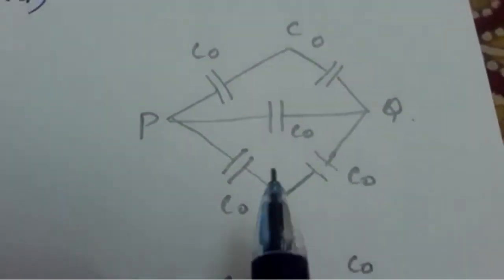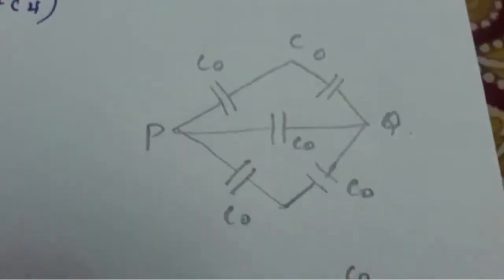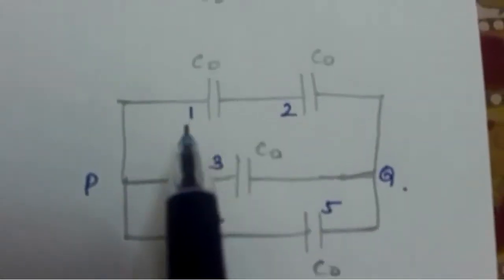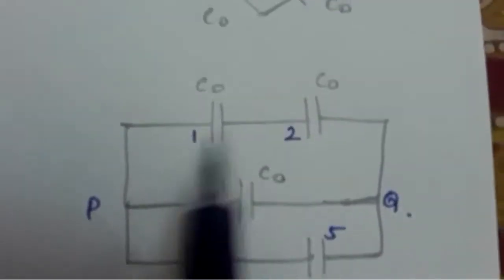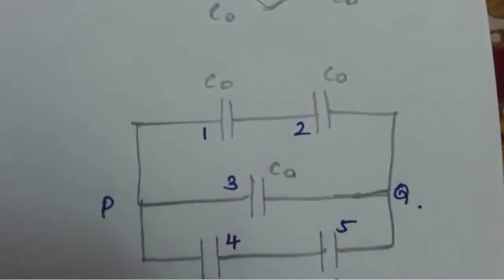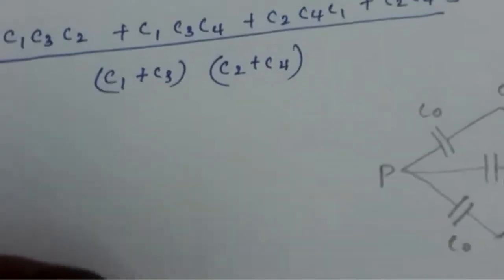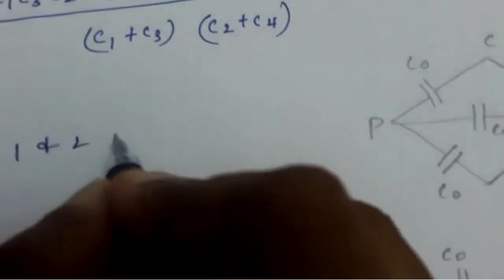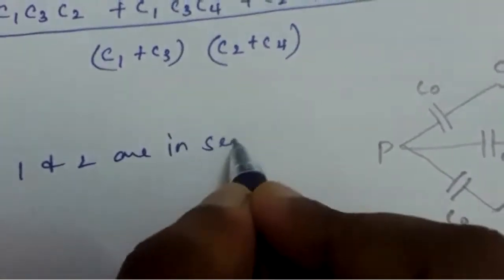Next diagram is like this. Here 5 capacitors are connected. Now we can redraw this diagram like this. We are renaming it as 1, 2, 3, 4, 5. Now here capacitors 1 and 2 are in series, 4 and 5 are in series. So we can write capacitors 1 and 2 are in series.